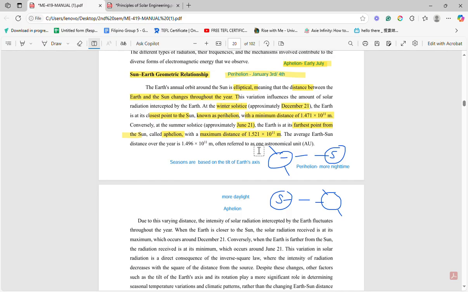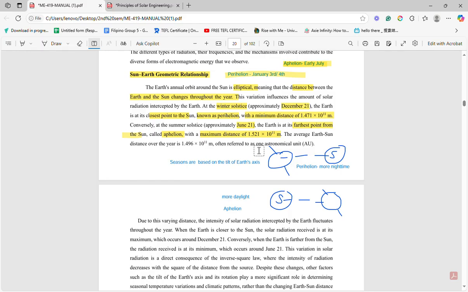The reason why it's not being considered to have more energy in perihelion than aphelion. So that's basically it, because the very reason is that the energy is more likely to be at the maximum depending on the actual tilt of the Earth, depending on the solar declination angle as well.